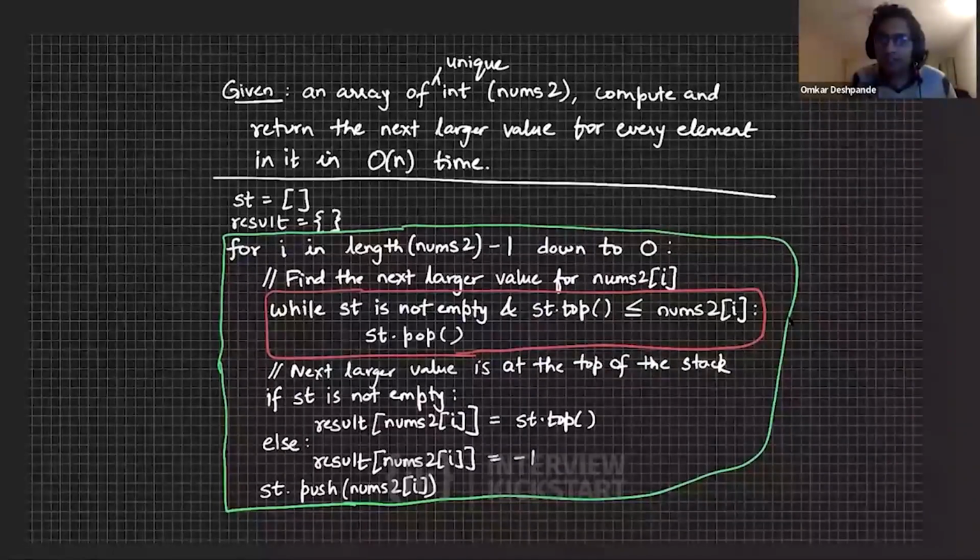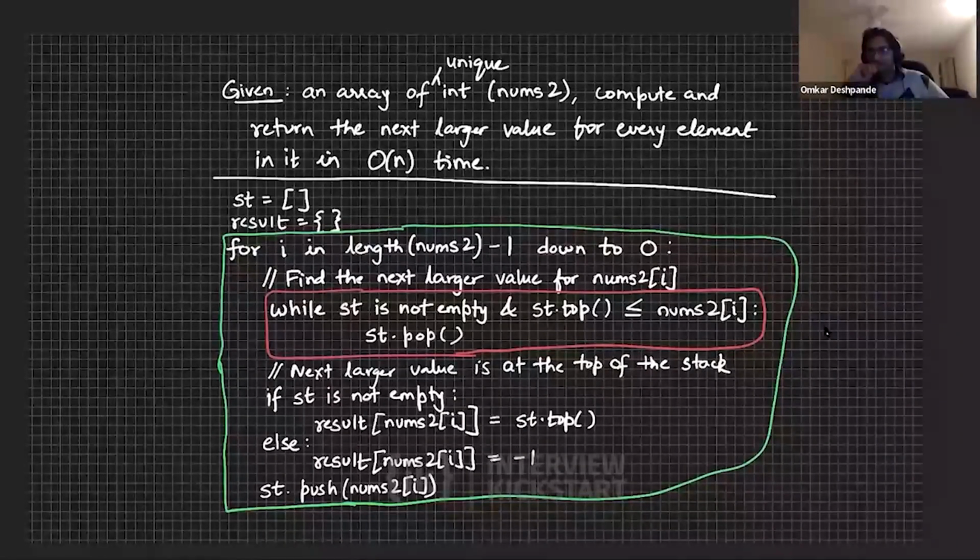Balaji? Sorry, there are two Balajis. Yeah, so I was asked this problem in one of the interviews. The one thing that is confusing is if it was not for that other array, it's like any other monotonic stack.